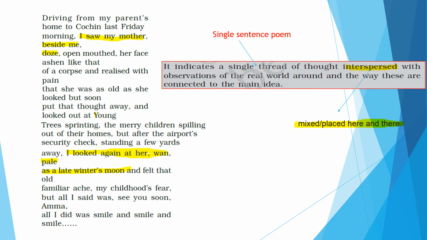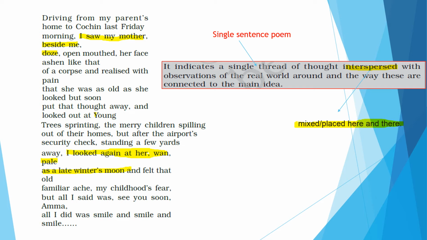You see the first observation while she was traveling to the airport. While she was driving to the airport, she saw her mother, dozing open mouthed, and her face was ashen like that of a corpse. And this observation gives her pain, and she realized with pain that she was as old as she looked. And she wanted to put that thought away, a kind of escapism, and she looked out at young trees sprinting and merry children spilling out of their homes.